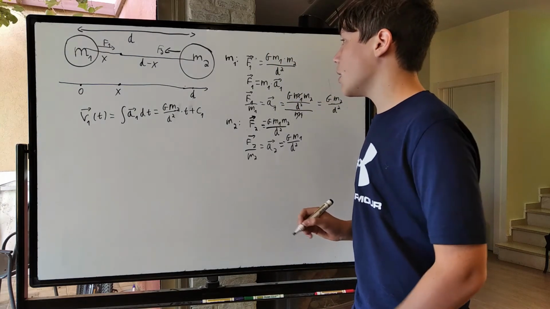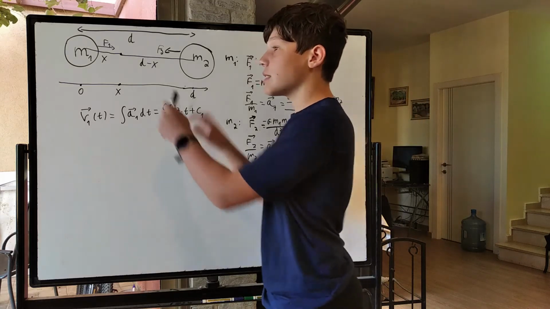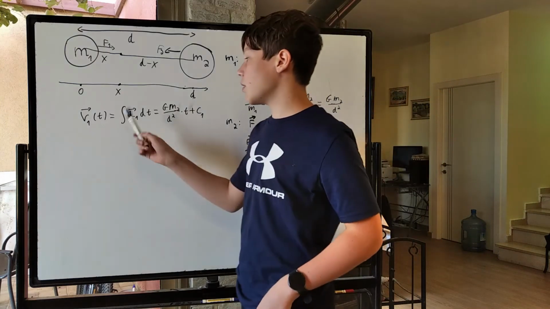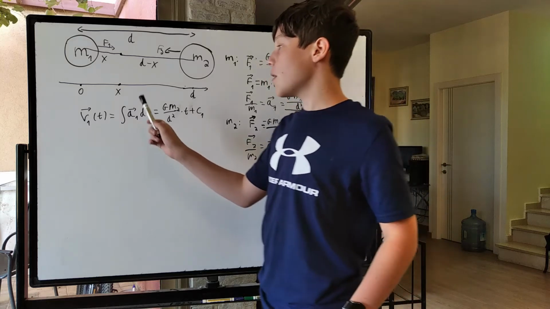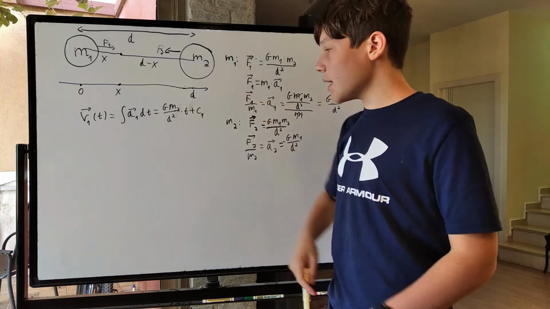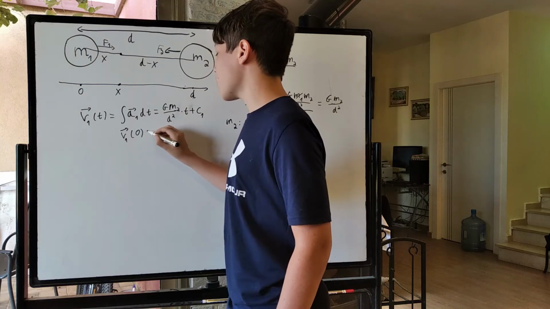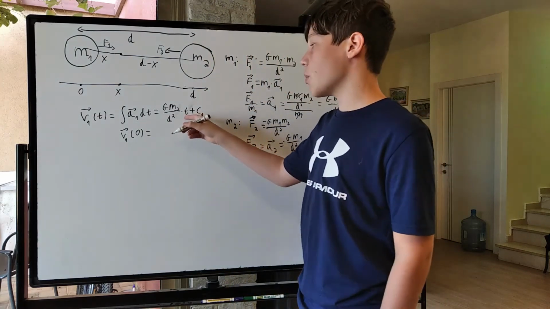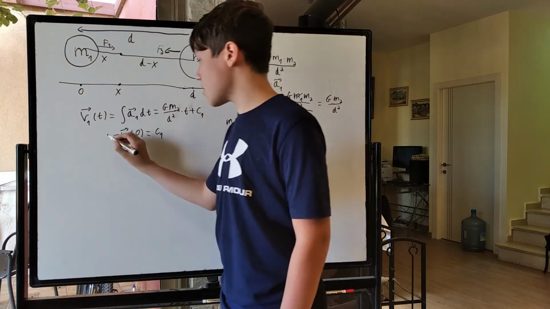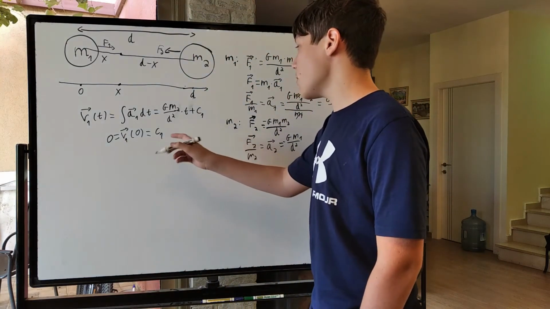But we're saying that these two are just sitting in space. They don't have initial velocities. So in the beginning, where t is equal to 0, v1 will be 0 because it's not moving. When we plug in 0 here, we get c1, and since they start without moving, this is 0, meaning that c1 is 0.